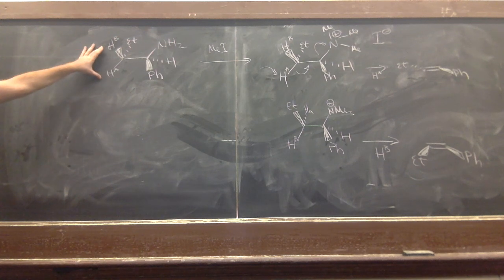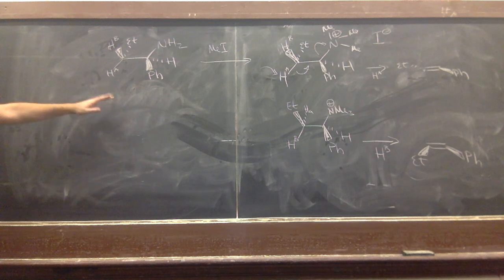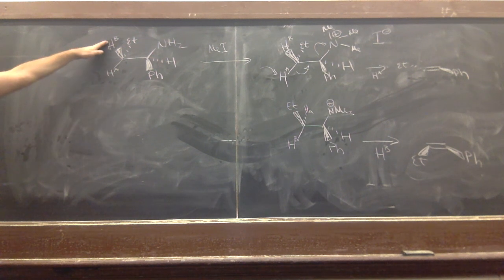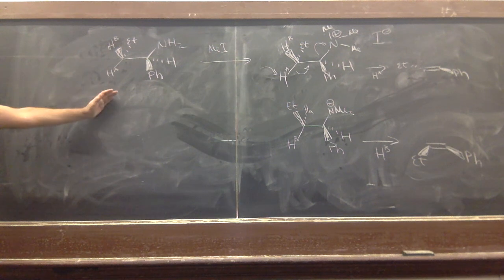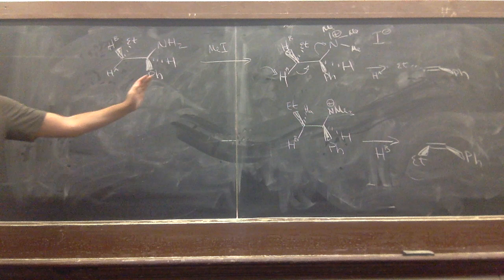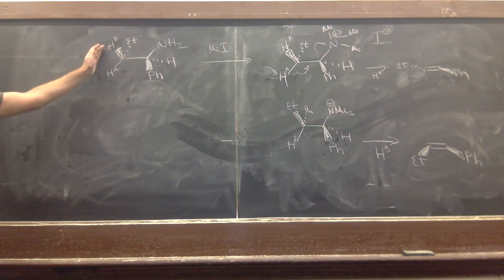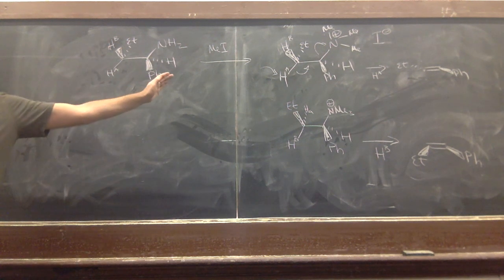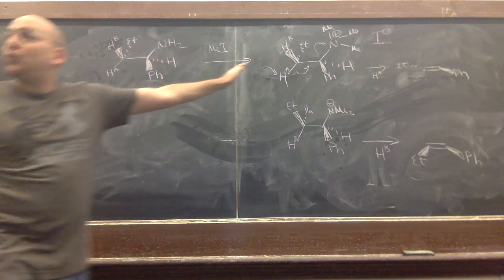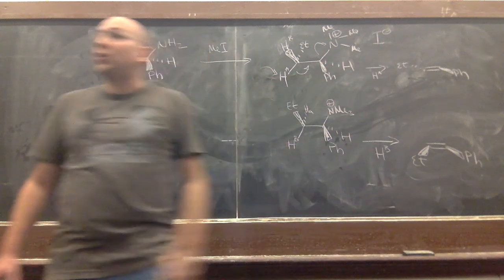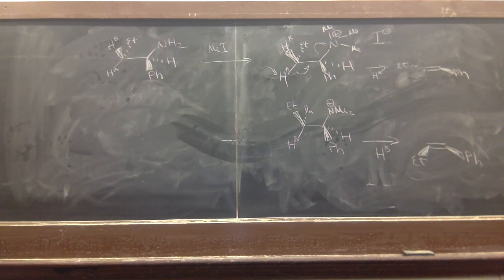Mike was asking about the potential situation where you've got multiple protons. We've got HA and HB. We have to go through anti-periplanar behavior, but we could have HA be the anti-periplanar proton, or we could have HB be the anti-periplanar proton, right? Whichever one we choose will lead to different products. When we do one, it's going to go to trans, we do the other, it's going to be cis.